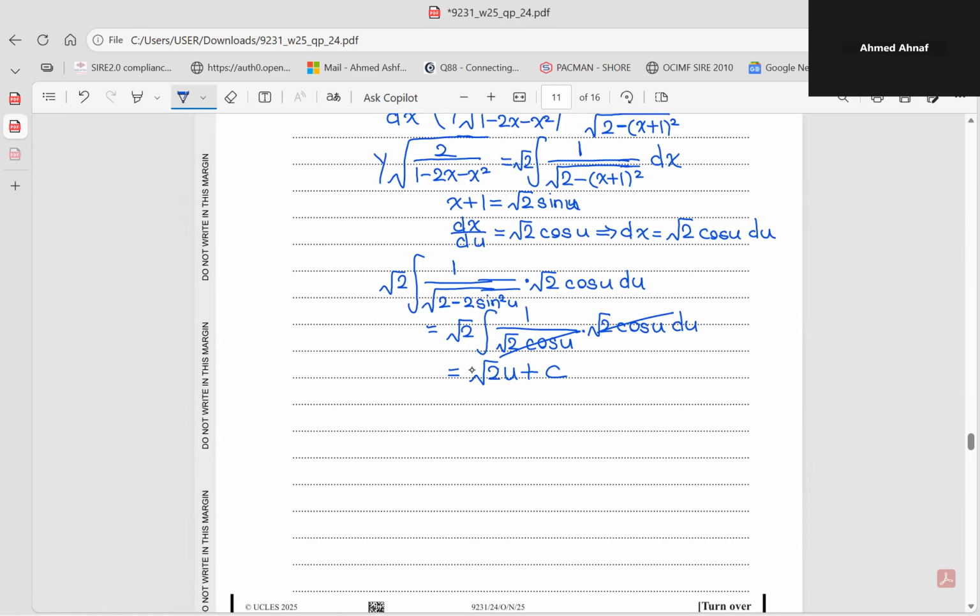And then u would just be square root 2 sine inverse x plus 1 over square root 2 plus c.